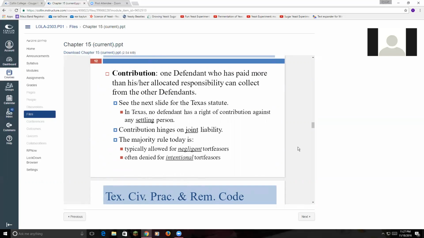And as we already talked about, and I'll show you the statute in a second, a defendant has no right of contribution against any settling person. So going back to the example where David was actually 60% responsible, but he settles with Louise, well, that might have been a smart plan for him because now he can't be held to be jointly and severally liable.